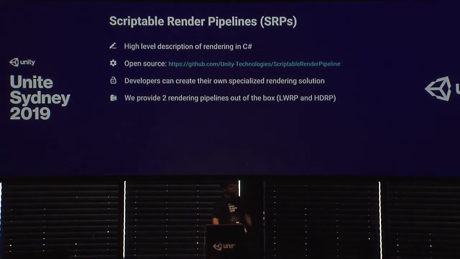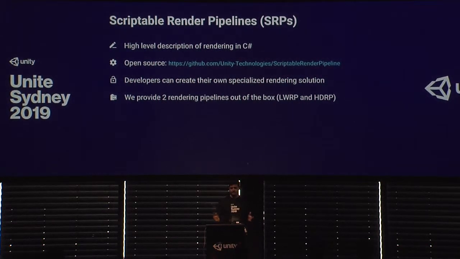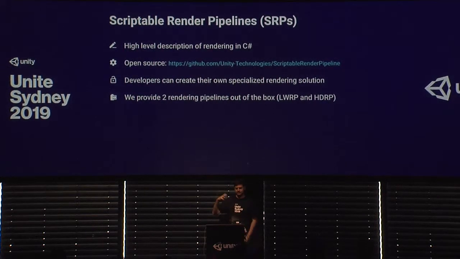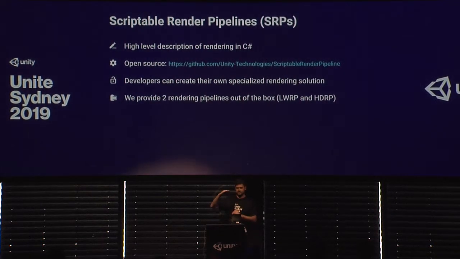And we made this technology, the Scriptable Rendering Pipeline, or SRP in short. Scriptable Rendering Pipeline is a high-level description of rendering, all written in C#. So it interfaces with C++, but it's detached from it. I say high-level, so you only see a certain amount of options, let's say. And because it's C#, we were able to release the code open source on GitHub.